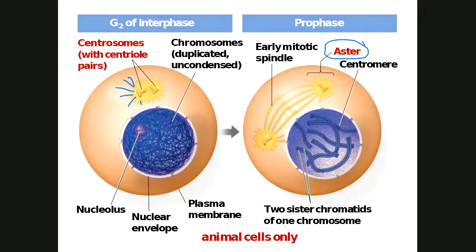Yeah, 6. How many chromatids? 12. Very good. Excellent. All right. So each sister chromatid is bound to its copy by the centromere.